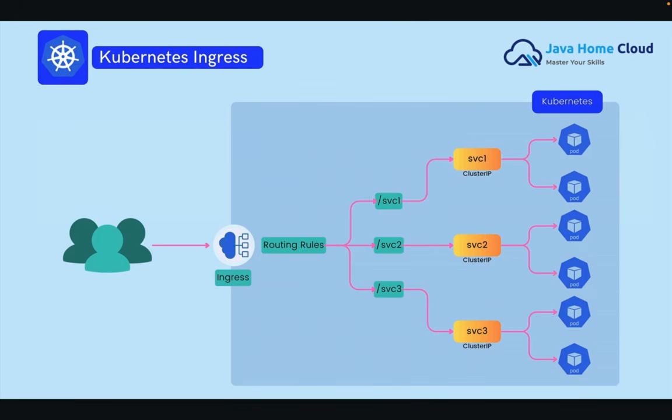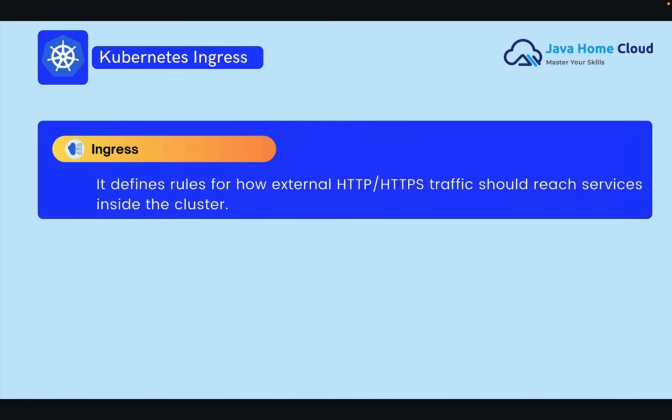While dealing with Ingress, we come across 2 components. The first one is Ingress itself. This defines rules which tell how external traffic should reach services inside the cluster. Remember, Ingress handles only HTTP and HTTPS. We can also configure TLS certificates at the Ingress level, where the communications coming into the cluster can be secure.